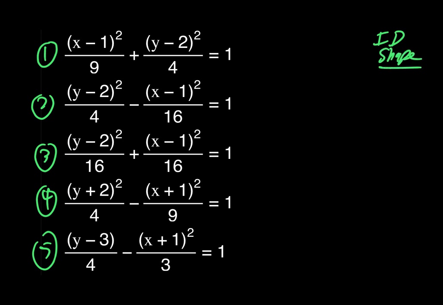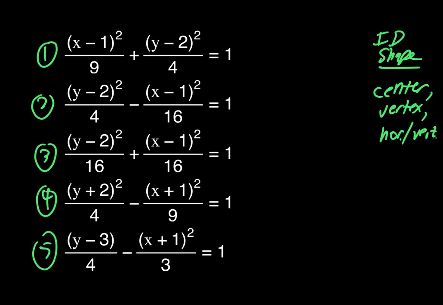Then, once you ID the shape, find either the center or vertex, if it's a parabola, and whether it's horizontal or vertical. And then anything else you might make note of from what we've just talked about here.